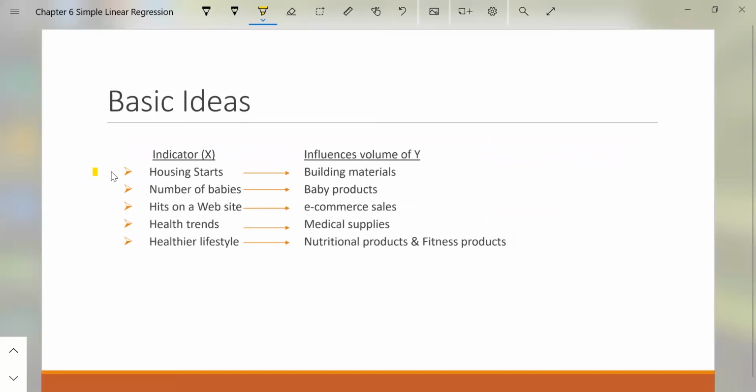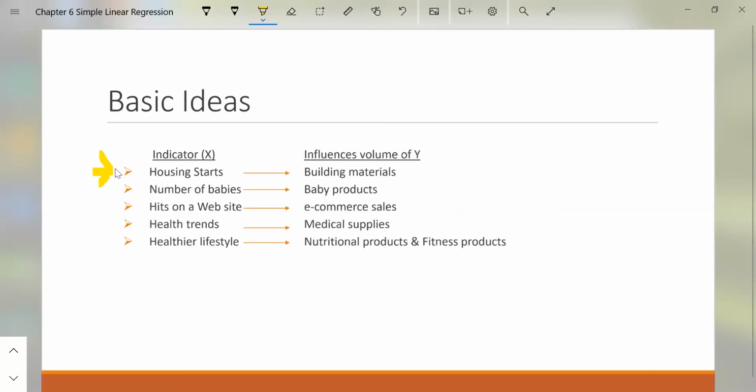So the first one is related to the housing market. When we have housing starts changes, of course, the demand for building materials will change. And for the suppliers or the retailers of building materials, they would like to know how housing start changes so that they can predict the building materials they will be able to sell, right?